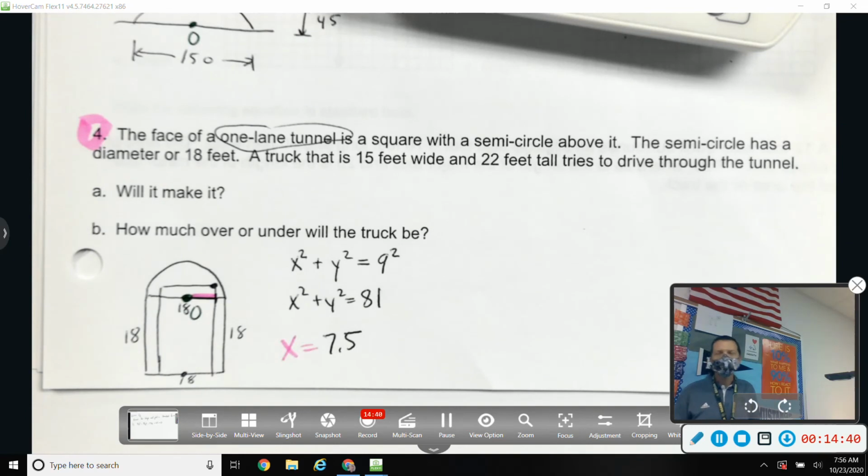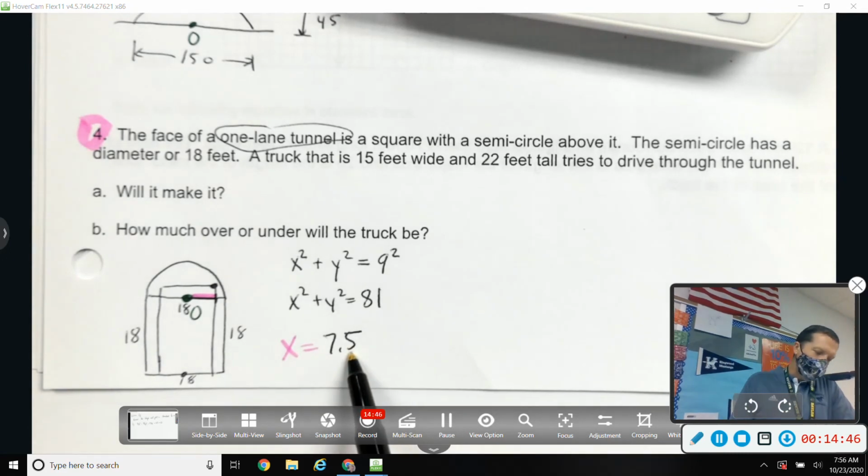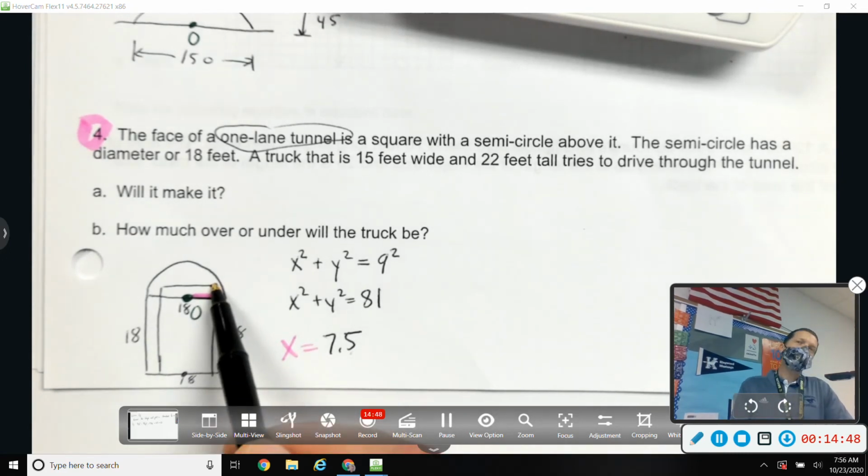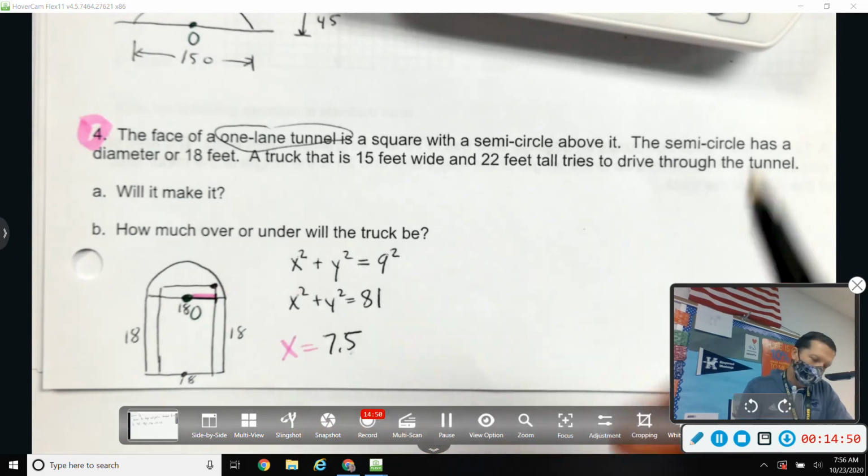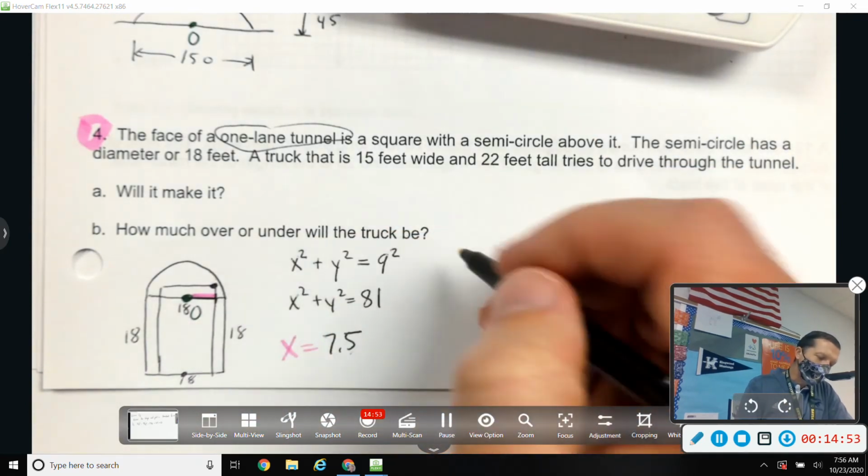So, assuming he's going straight down the middle, it's the best chance to get through. So 7.5 on either side. So if x is 7.5, let's figure out what y is of the circle.